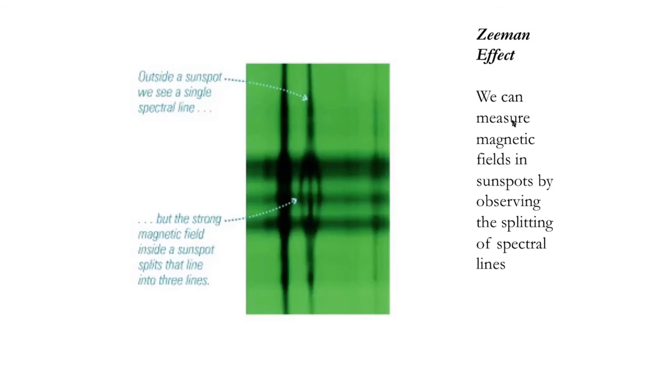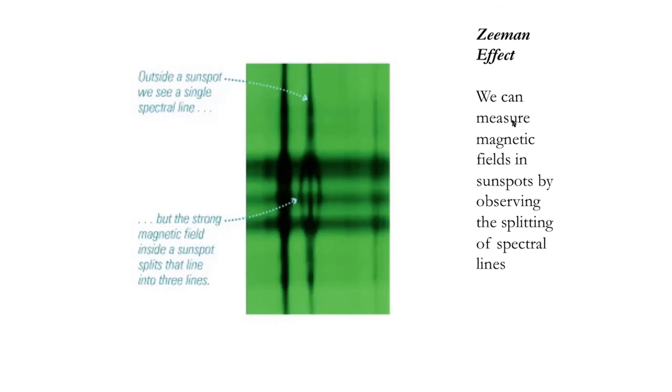So the stronger a magnetic field is, it will take a line that is usually a single line and split it into other lines. Basically, you've got an energy state. Remember how absorption lines are formed. You've got energy states in these atoms where these electrons are. The energy of that atom changes in the presence of a strong magnetic field, and it actually splits it from one energy state into several energy states.